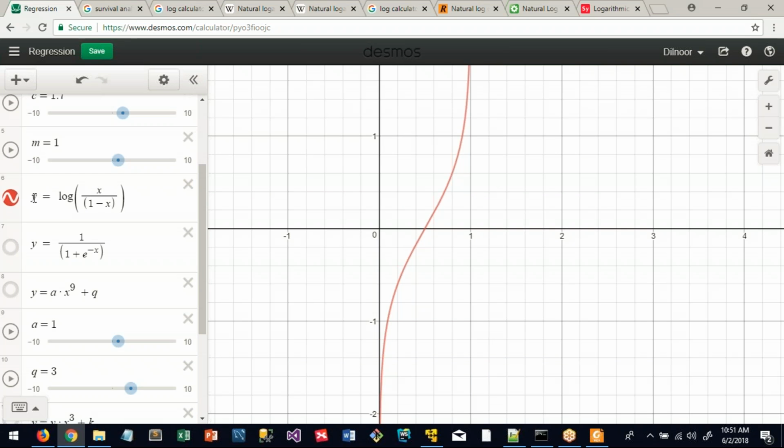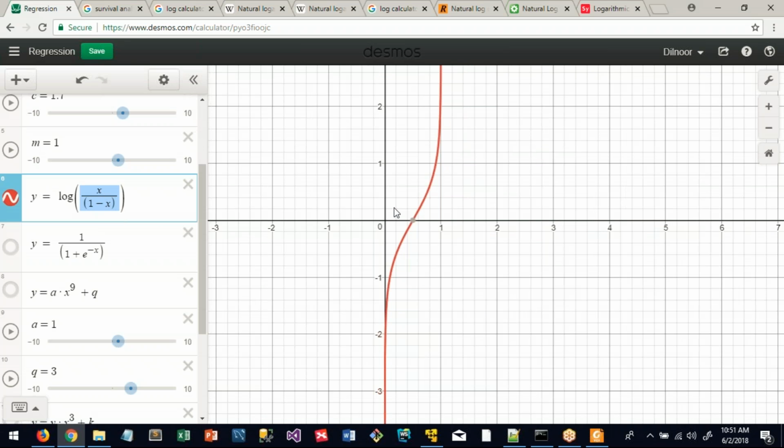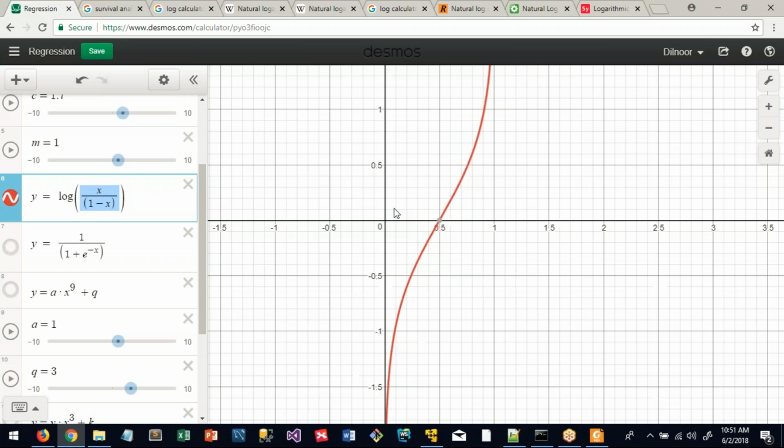So what are the possible values of the outcome variable here? Just look at this right hand side part, x divided by 1 minus x. The most interesting element about this whole plot is that x can only range between 0 and 1. This is the reason I told you, because of the way logarithms are calculated.